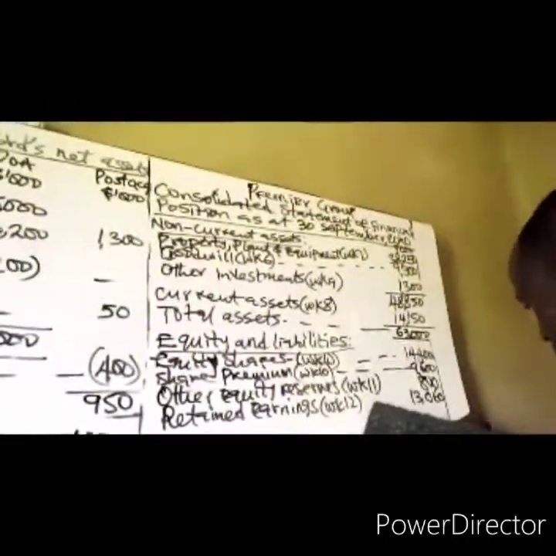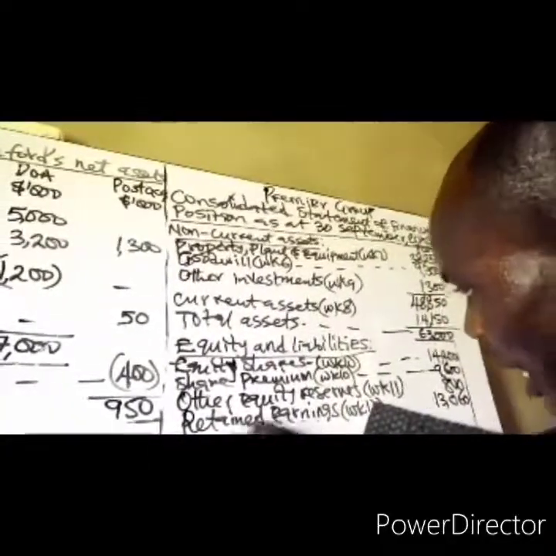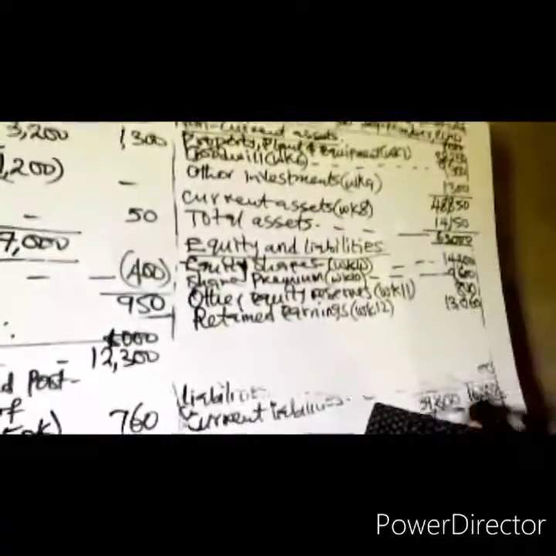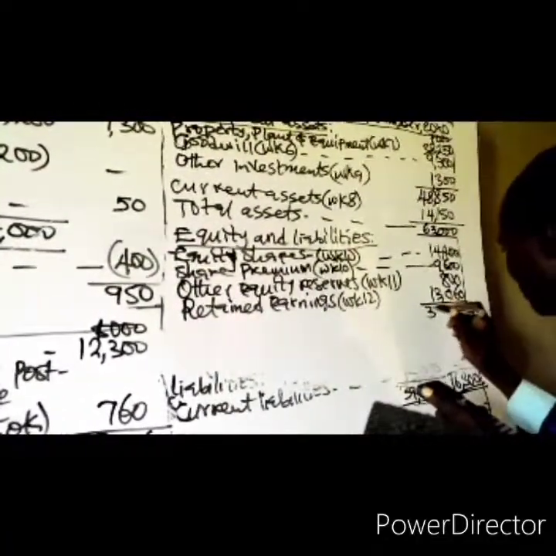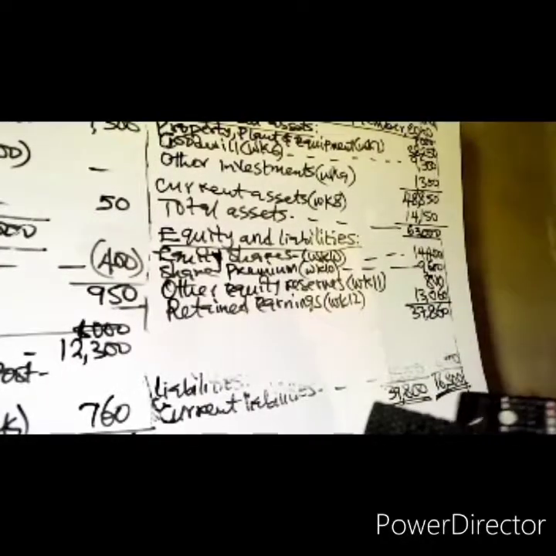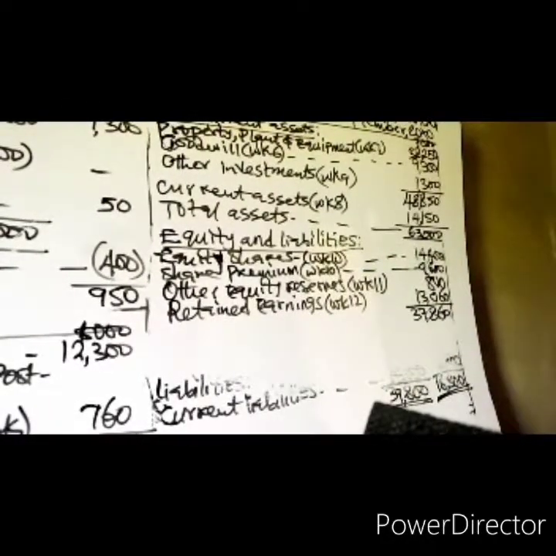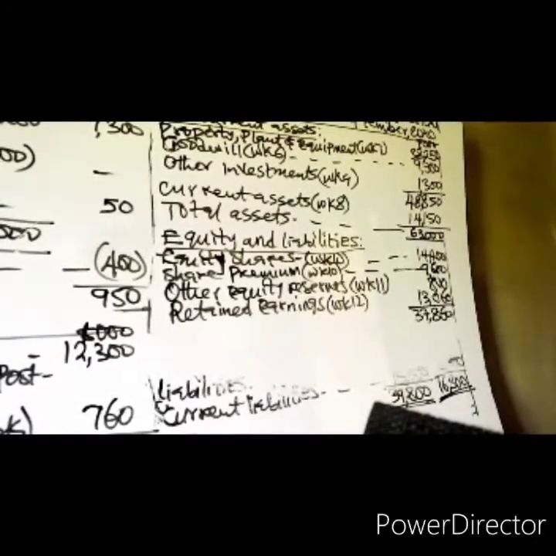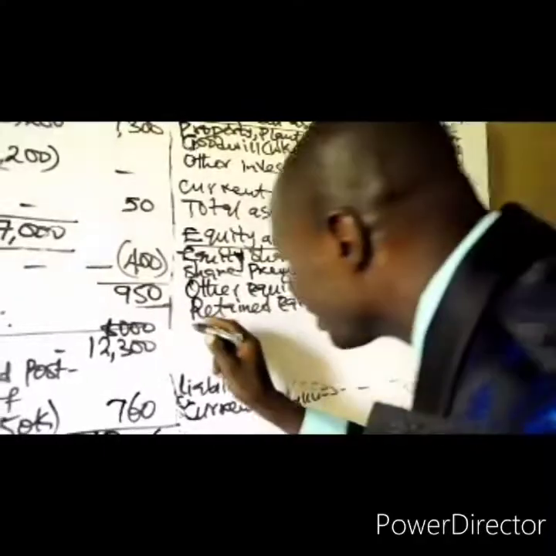So that is the amount of equity attributable to the owner, that is to the parent.